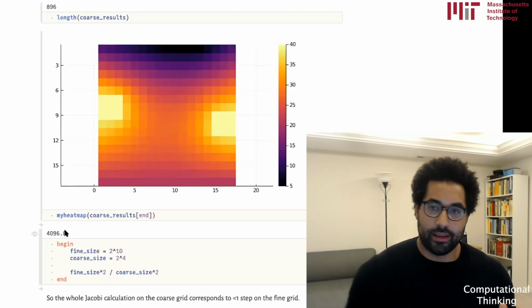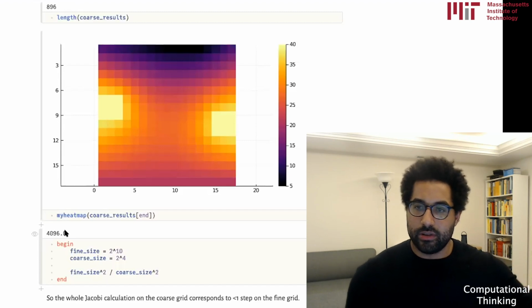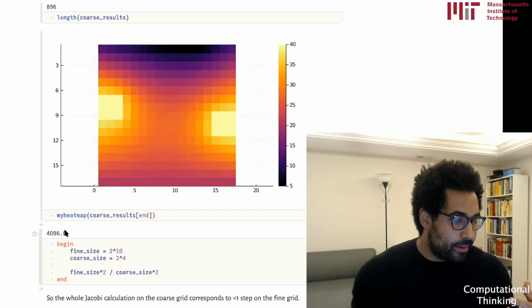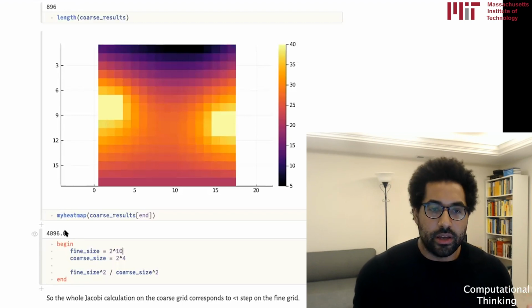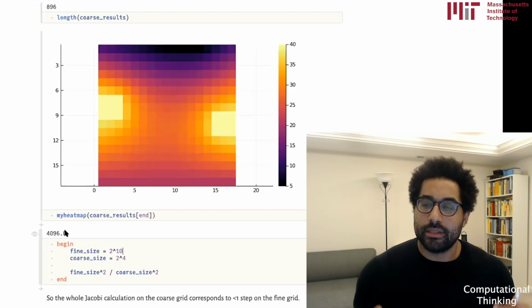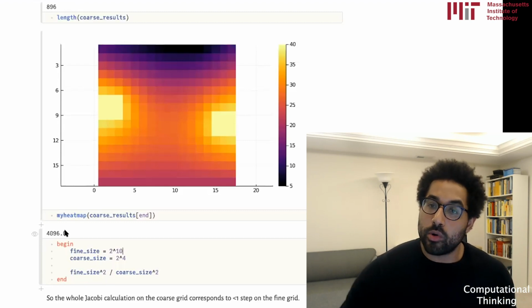The fine grid has 2 to the 10 rows and 2 to the 10 columns, but our coarse grid only has 2 to the 4 by 2 to the 4. So our fine grid has roughly on the order of 4,000 times as many points as our coarse grid.